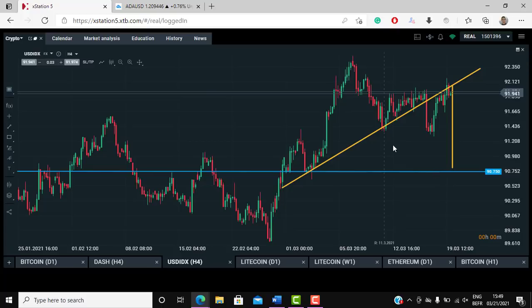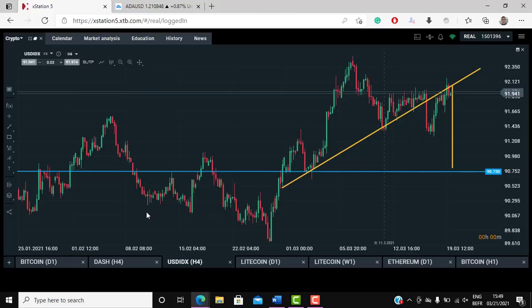If we do, we're probably going to test this level here of 90.75. We're going to have a little bit of a bounce, maybe consolidation sideways, maybe what we call a dead cat bounce, before backtesting it again. If we do break below this level of 90.75, the next level to watch for is the level of 90, and the level of 90 is a strong support.